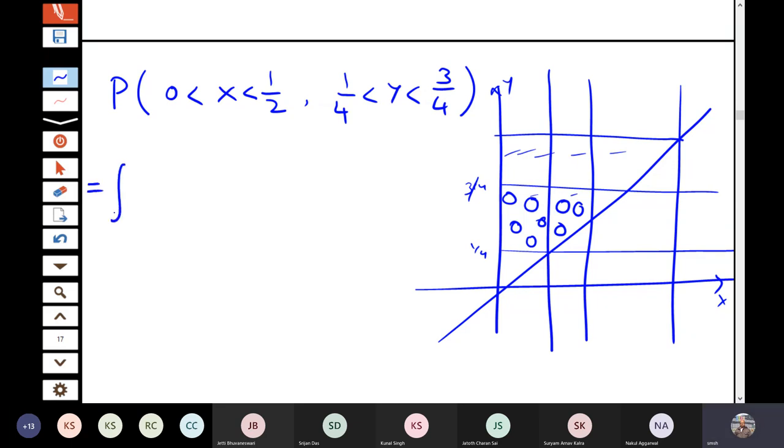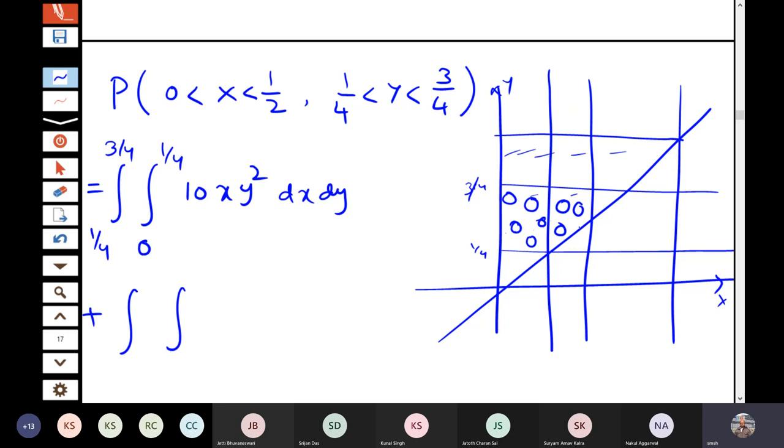So this becomes 10xy square, and if I do dx dy here, then x is from 0 to 1/4 and y is from 1/4 to 3/4. That is this part. Okay, this particular part. And then if I look at this part, then in this part y is from x to 3/4 and x is from 1/4 to 1/2.